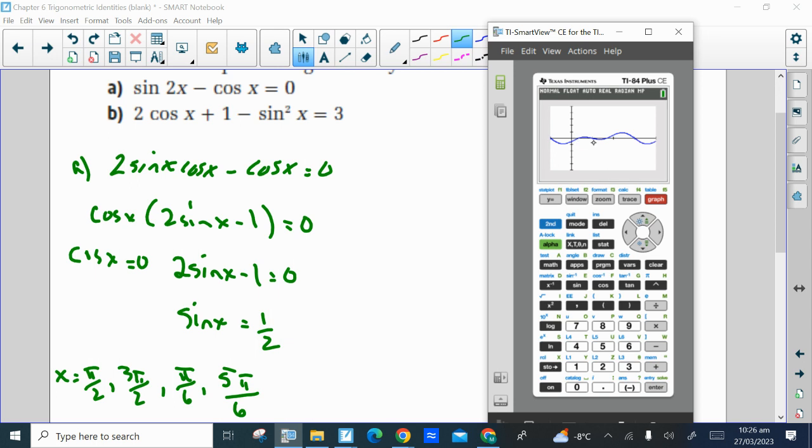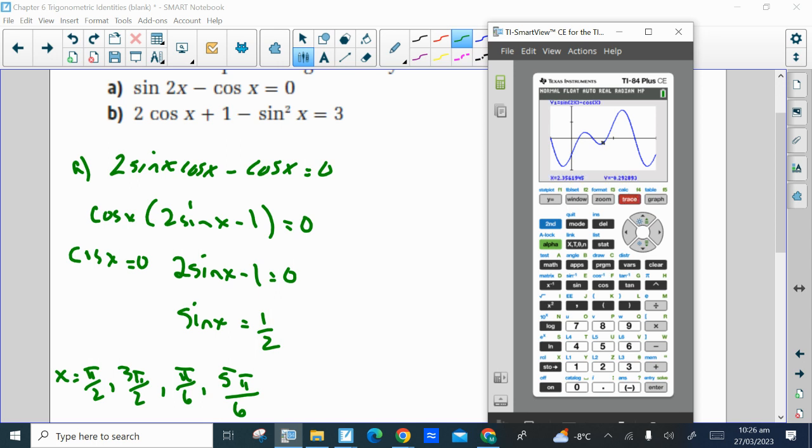Looks like there's 1, 2, 3, 4 x-intercepts. We got 4 solutions. To have a better look, if you change your window, let's say between -2 and +2 on the y-axis, it'll give us a better look at those 4 x-intercepts.